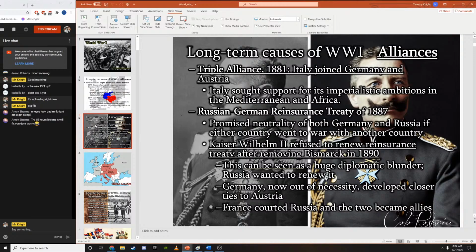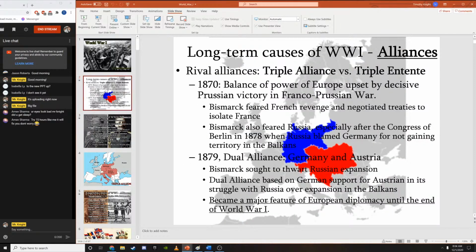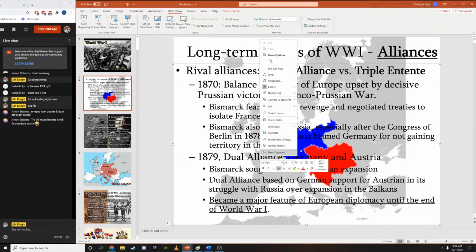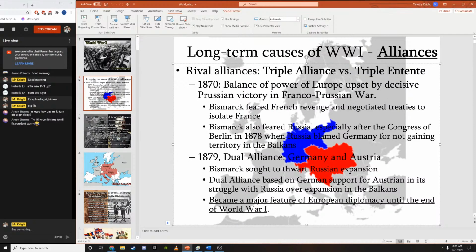So what this was supposed to do was to prevent, you can see here once again in the background, Germany is in blue here. Russia is over here to the east. France is over here to the west. And one of the things that Germany doesn't want to do in World War I is fight a war on both sides of their country.